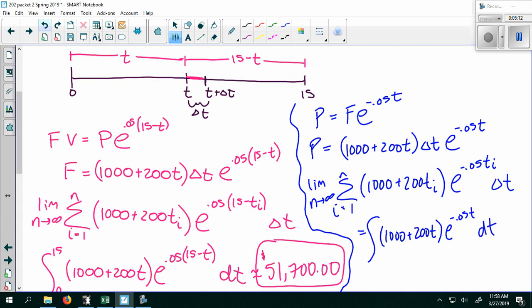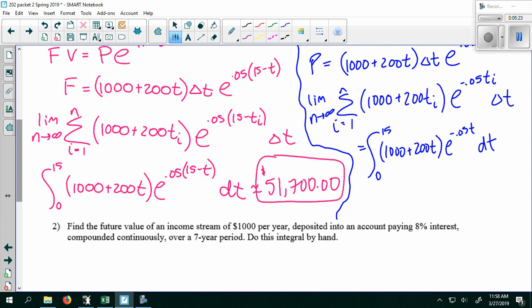And I'm going to integrate from 0 to 15. And that comes out to 24,000. Again, I'm just evaluating this in a calculator for this one. $24,421.35.